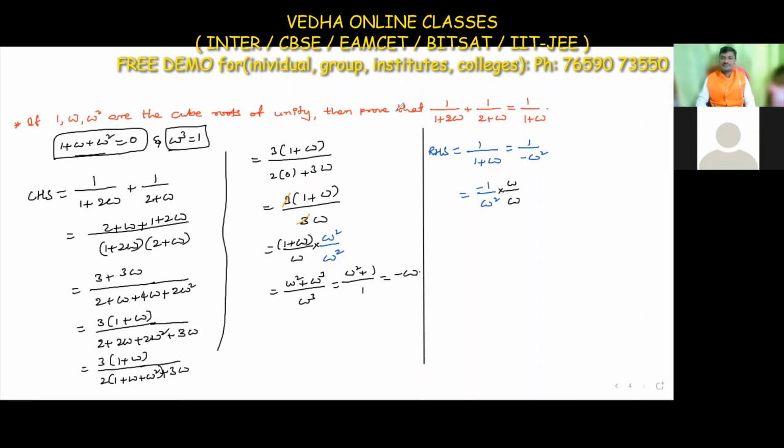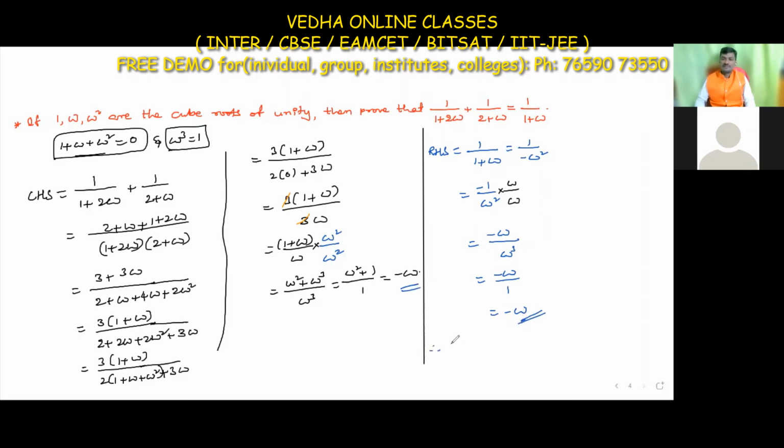So what we get? Minus omega divided by omega square into omega, that is omega cube. So minus omega divided by 1. So what we get? Minus omega. So LHS answer, RHS answer, both are minus omega.